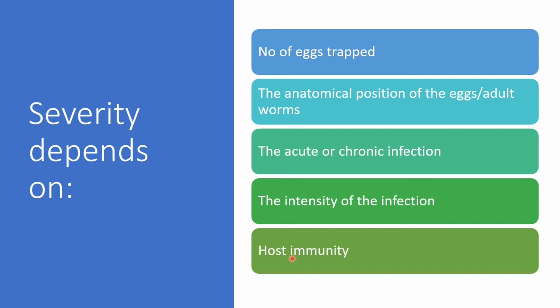So we'll be dealing with the anatomical position and the antigens produced, the inflammatory process that will follow, and fibrosis or not. You will get a clearer picture when I start going through each of the organs that will be affected.